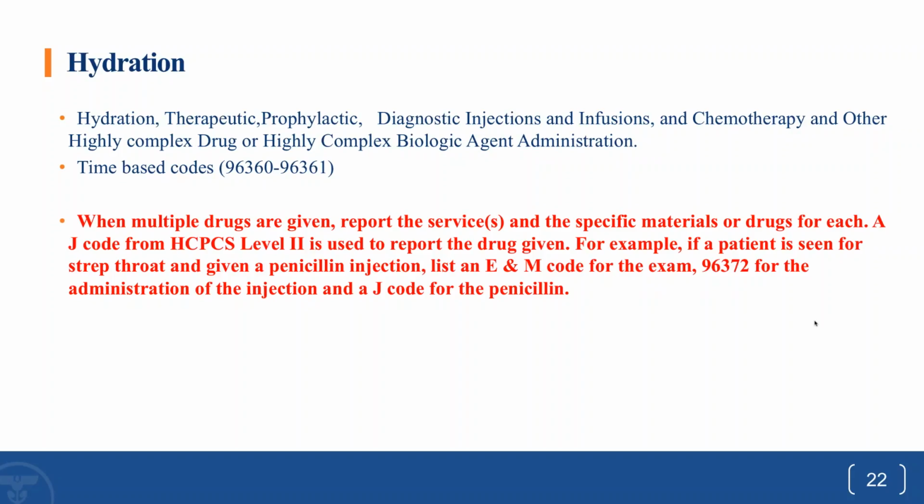That's an administration code. And it does tell you when you go to 96372, if you're administering vaccines or something like that, it tells you the administration codes, which should revert you back to your 90460, 90461, remember, with or without counseling.